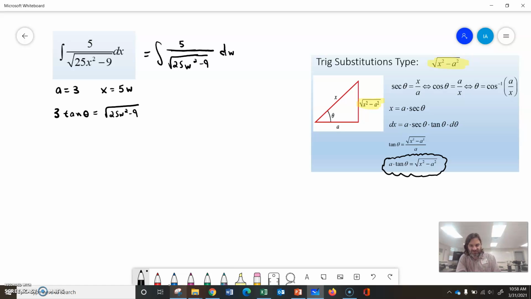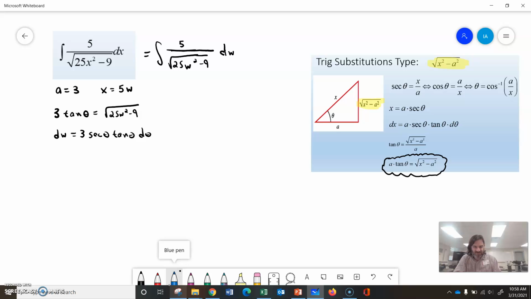And the other thing I need to replace is this dw, which is dx over here, and that's going to give me a, which is 3, secant of theta, tangent of theta, d theta. Now I've got everything I need to do to complete this substitution.